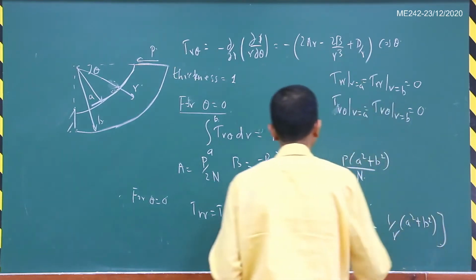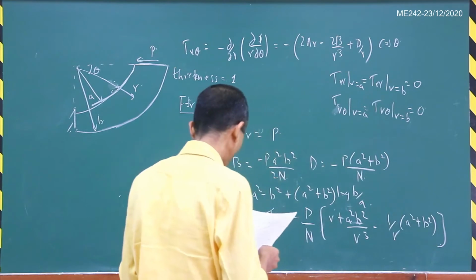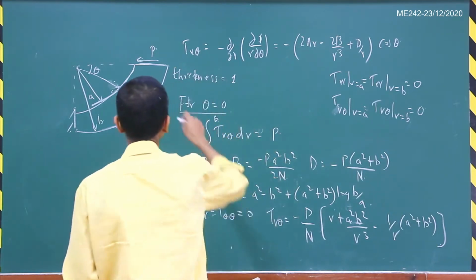So this is the solution that you get for tau r theta, on this particular edge here.